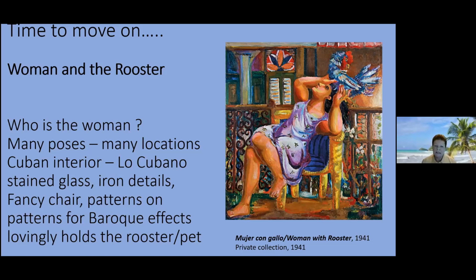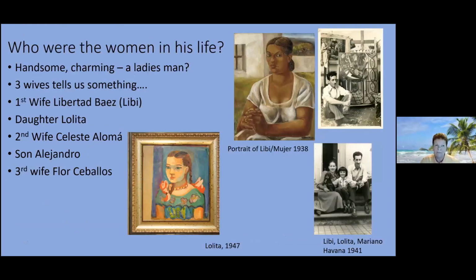Here she is lovingly holding the rooster. Is the rooster her pet? So this image of the woman with the rooster is a bold image of the rooster's presence, in this case in the interior, or perhaps even sitting on a balcony, but he is with her. She is holding him, controlling him.